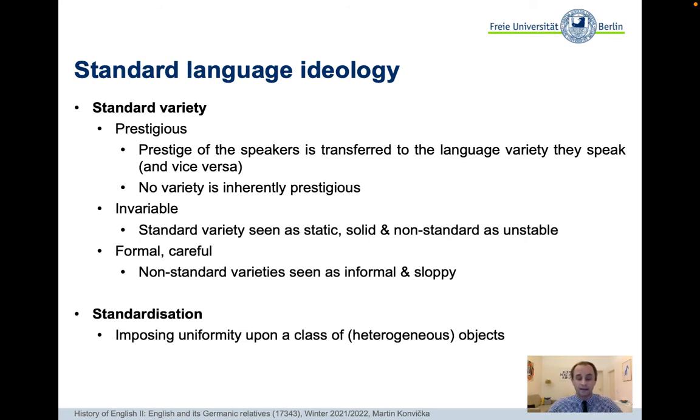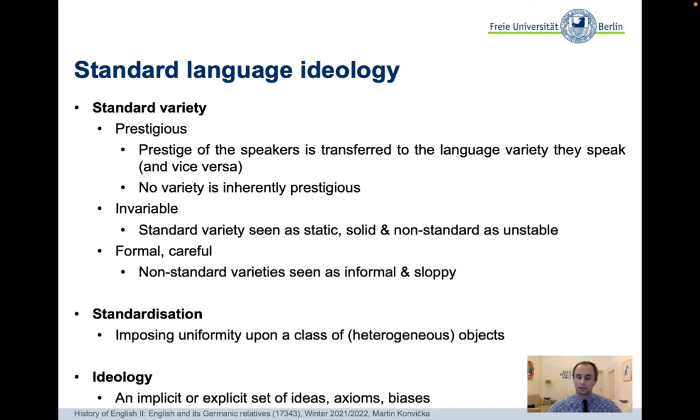Standardization, the process of standardizing a language, is basically a process by which we impose uniformity upon a class of heterogeneous objects. In this case, varieties of words or grammatical rules and so forth. And it is important to know when we talk about these things that this is an ideology, a set of ideas. They can be implicit or explicit.